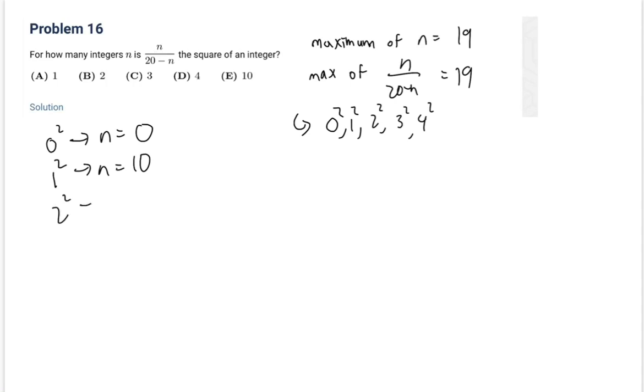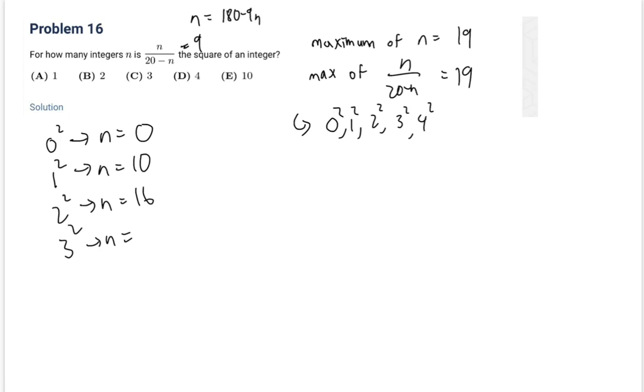And 2 squared, this would have to be 4, so n equals 80 minus 4n, so n would equal 16. And for 3 squared to happen, this should be 9. n equals 180 minus 10n minus 9n.